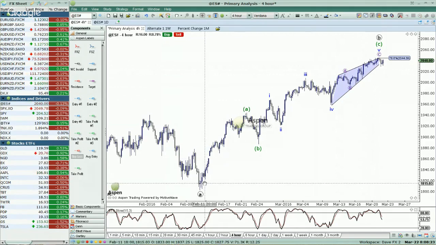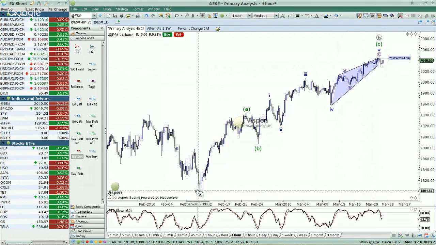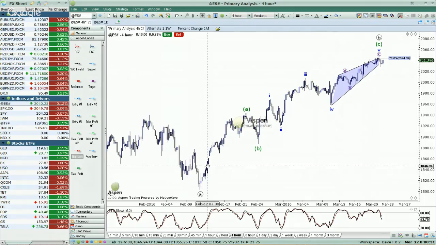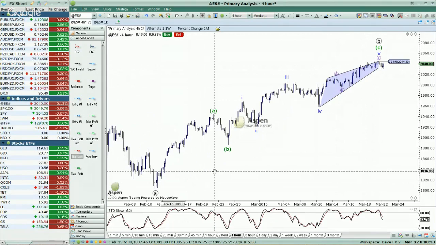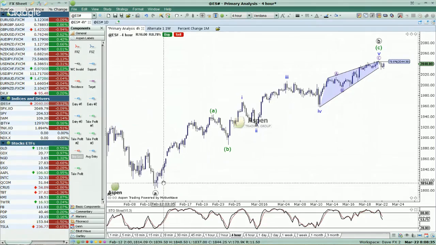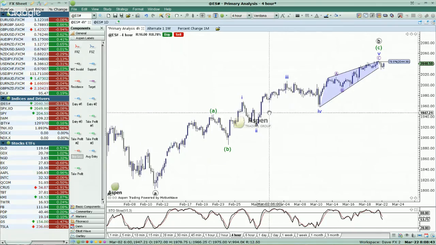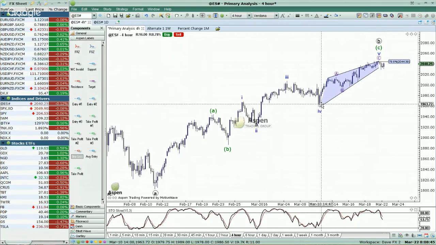As you can see early on in the rally, and this is always the case, you get wide-ranging bars. And we're on a 4-hour chart here, so each of these candles is representing 4 hours of price action. So you get a trend, expansive candlesticks. But as this rally's worn on, these candlesticks have become narrower and narrower.